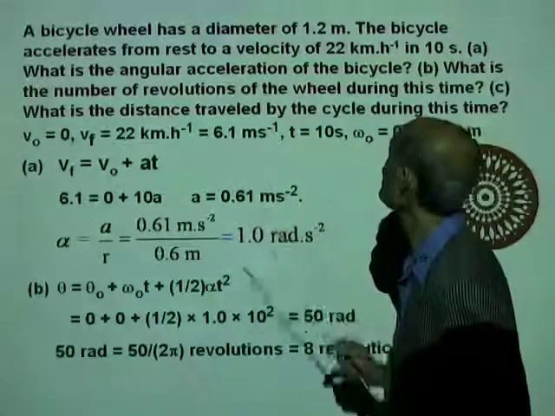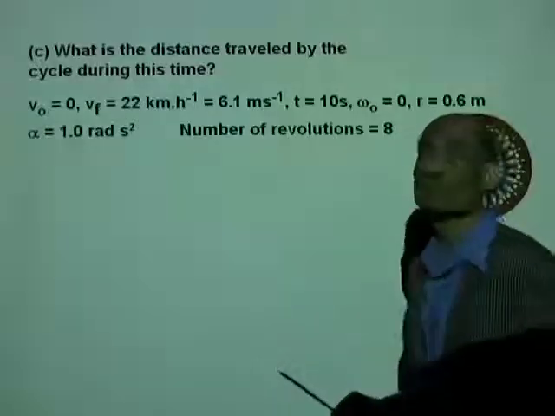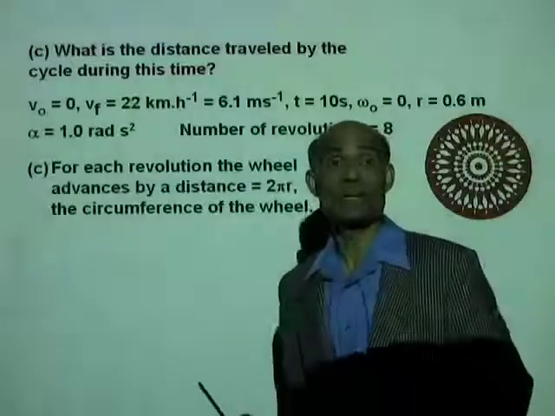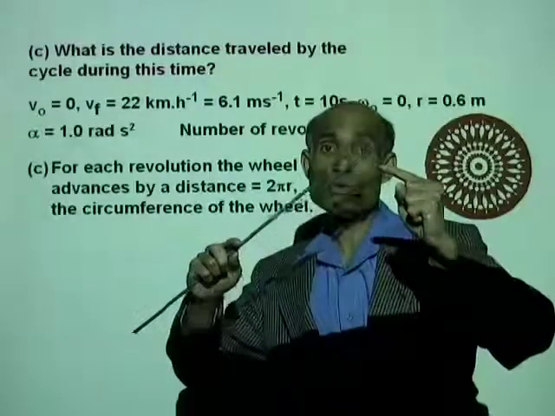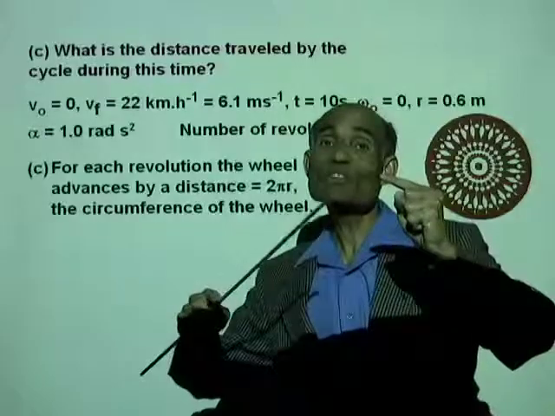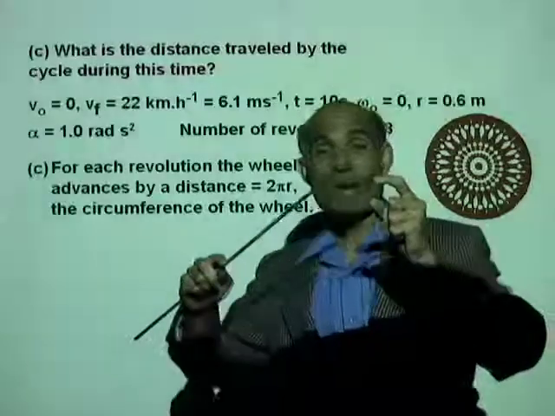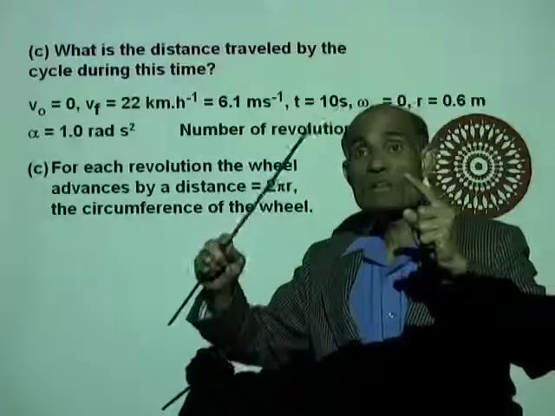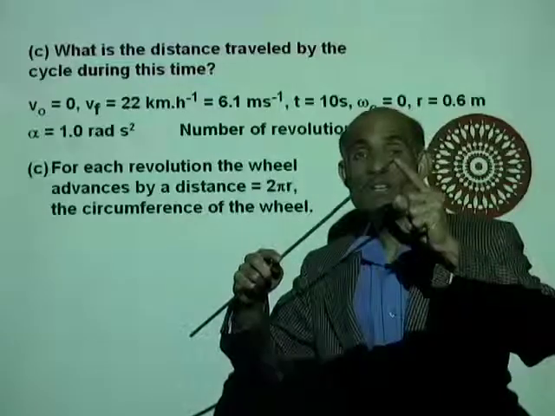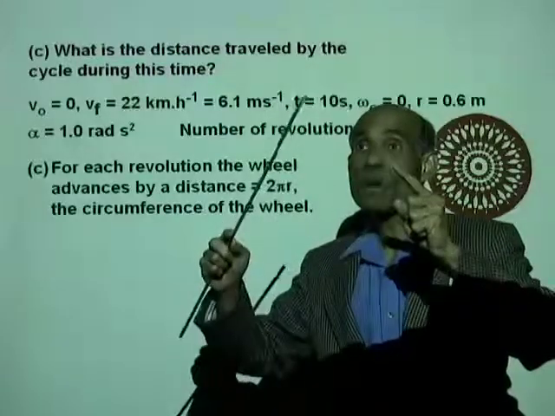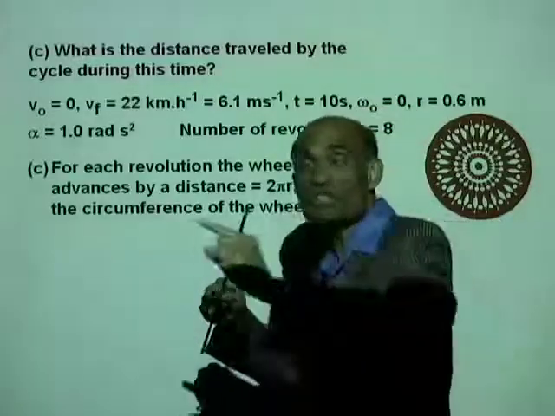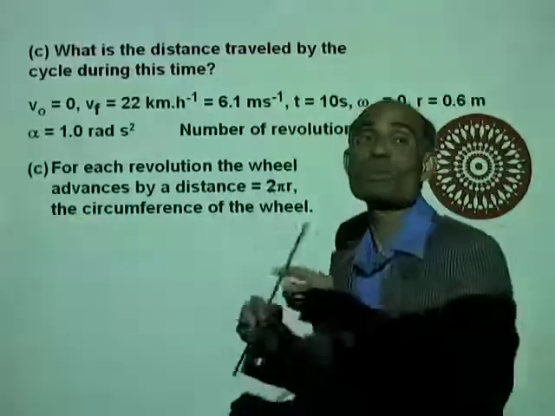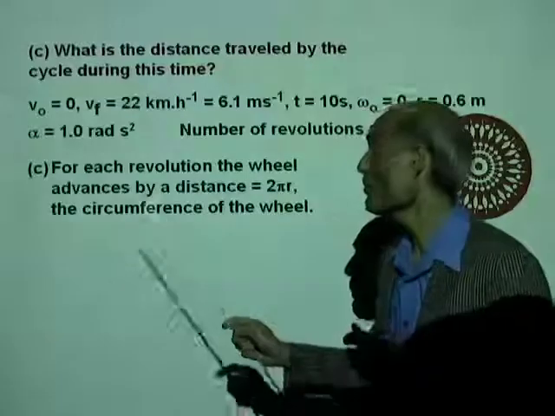What is the distance traveled by the cycle during this period? Now remember, the distance traveled by the cycle is the length of the arc. When the wheel completes 1 revolution, the length of the arc is 2 pi r, and that is the distance the bicycle wheel will be advancing forward.